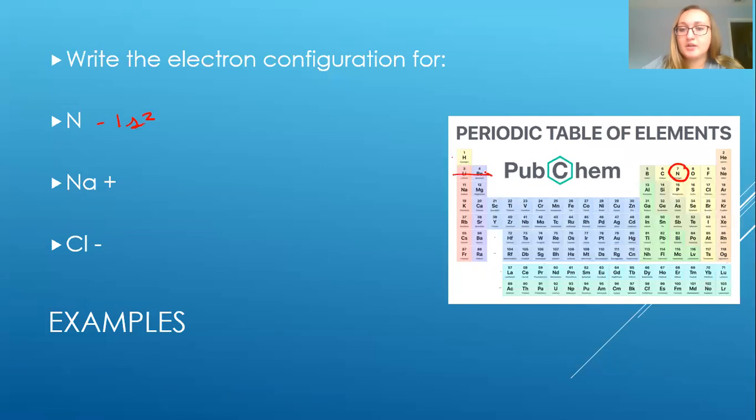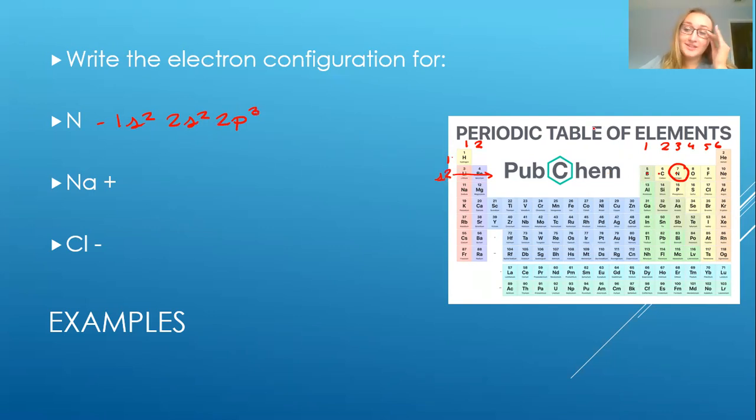I've moved entirely through the S block, so I'm going to say 2s2. Here I hit the P block. So 2p, 1, 2, 3. That's it.